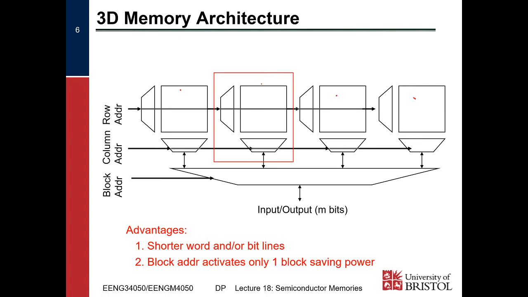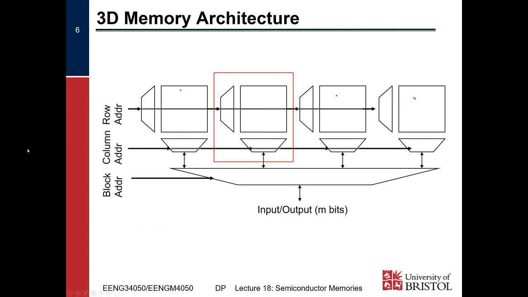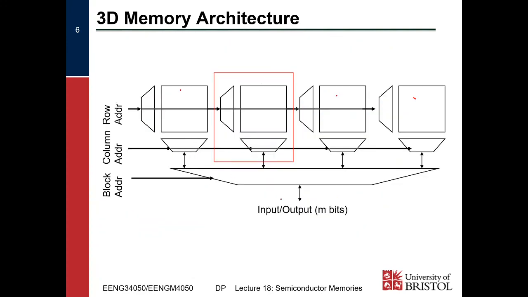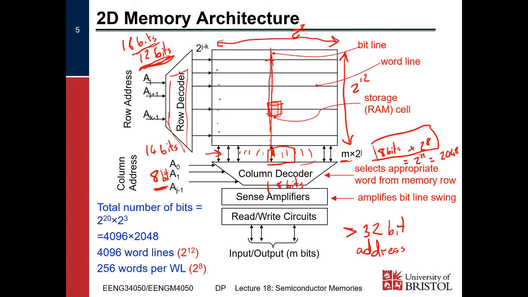Yes. Why not just lay multiple decoders on top of each other? So what you're saying is having like another decoder here, and you have one bit selecting between the two decoders. Yes, basically that's what the block address does. So if you just have two blocks, for example, you could have two decoders, each one selecting every other line, right?